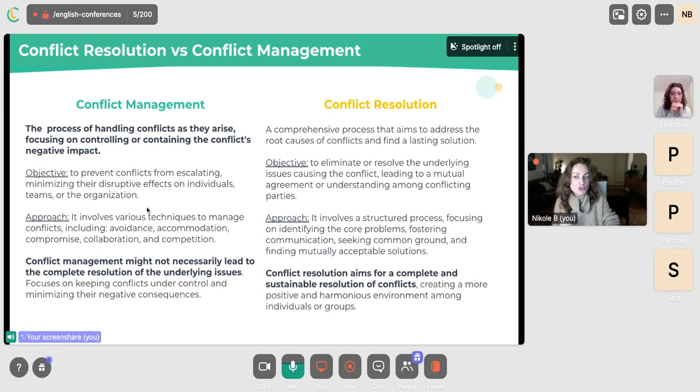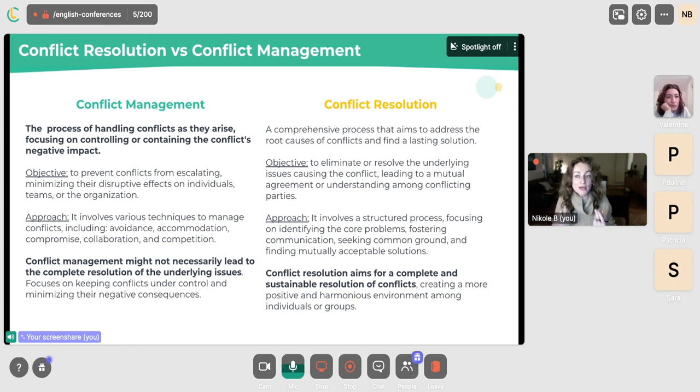But just so you know, there are techniques like avoidance, which, as you can tell from the word, basically means you avoid the conflict. For example, you're angry with someone and you don't call them, you try not to see them in the office, you walk the other way, that kind of thing.